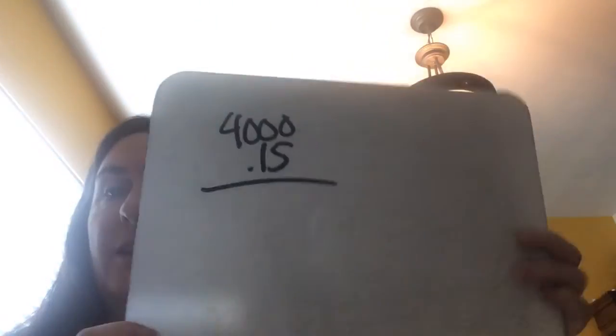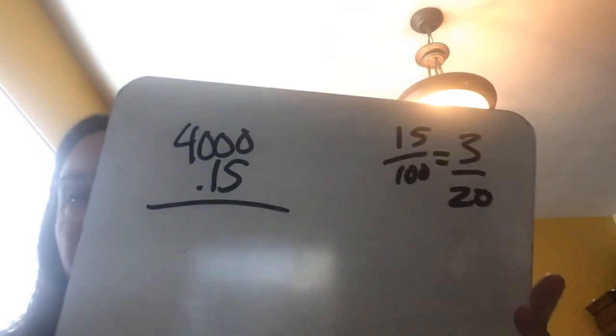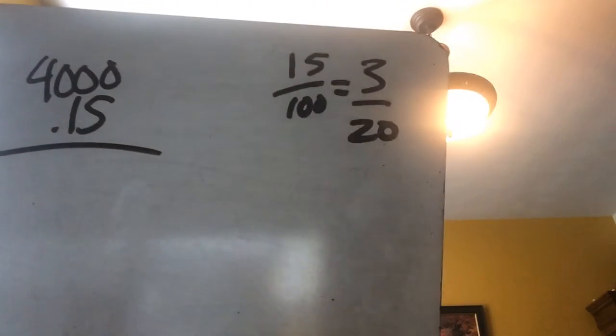You can do it two ways. Multiply by the decimal or write it as a reduced fraction. And that gives you 3/20 of 4,000.